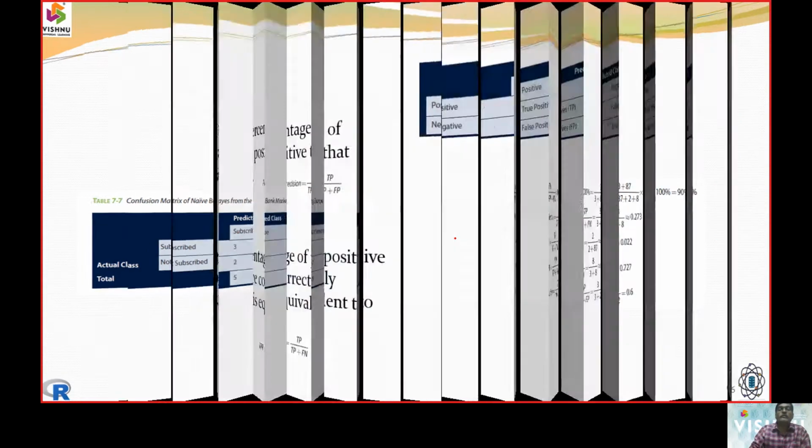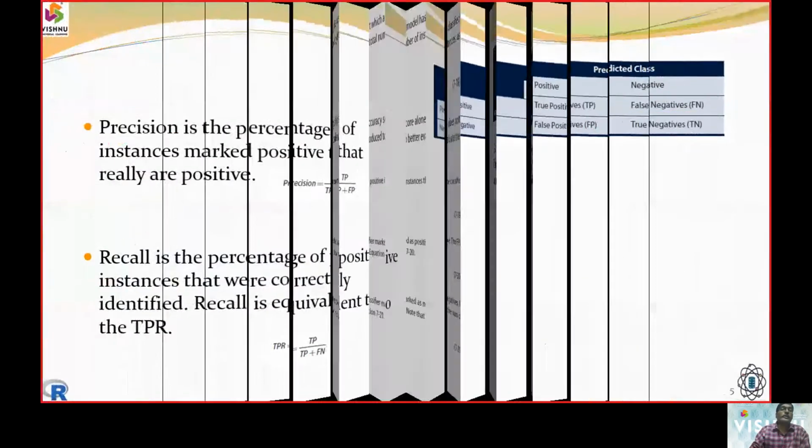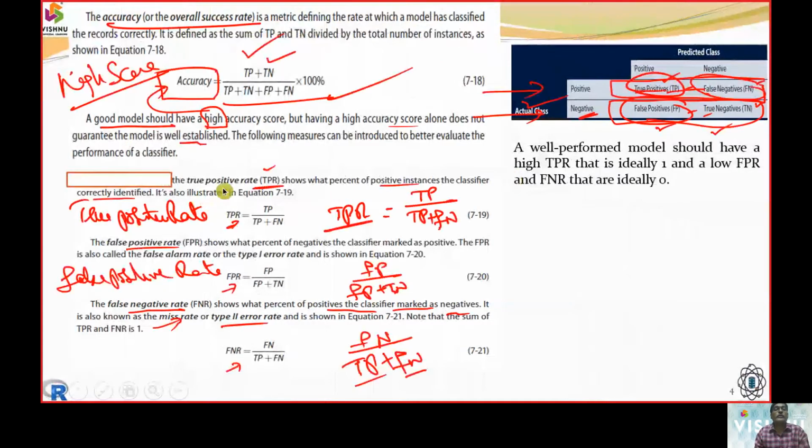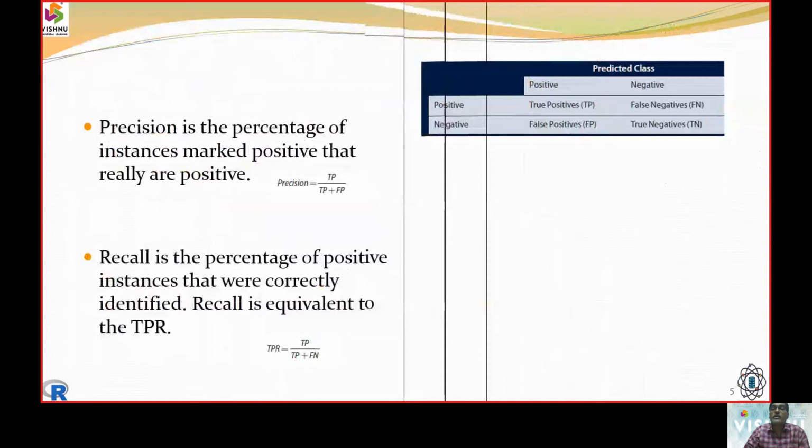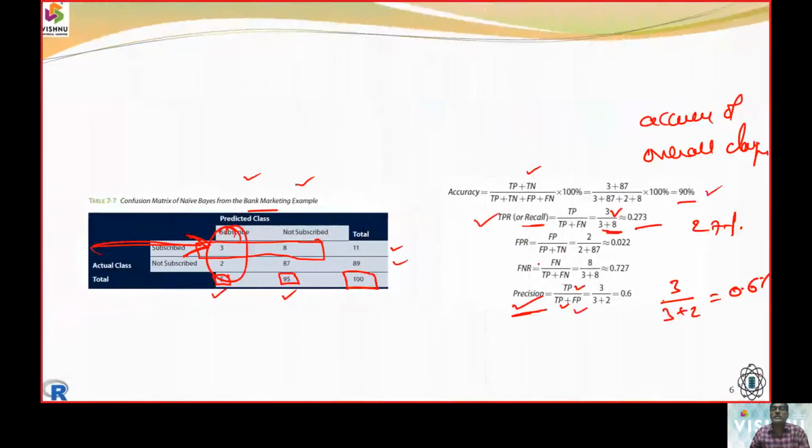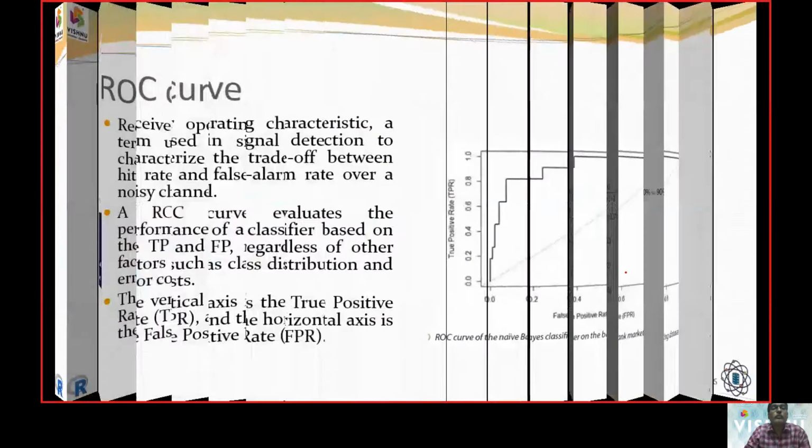Similarly, as per the formulas we discussed earlier, we can compute the false positive rate and false negative rate. We compute the false positive rate and false negative rate as almost equivalent to 22% and 72%.